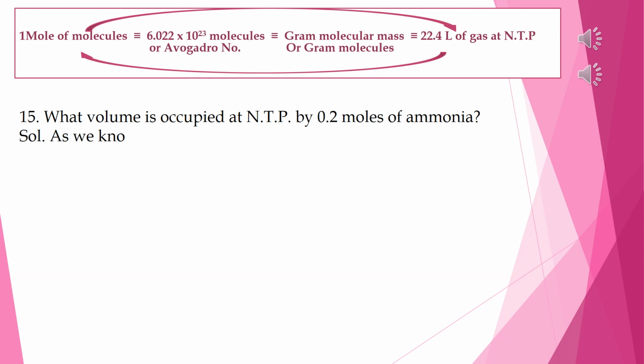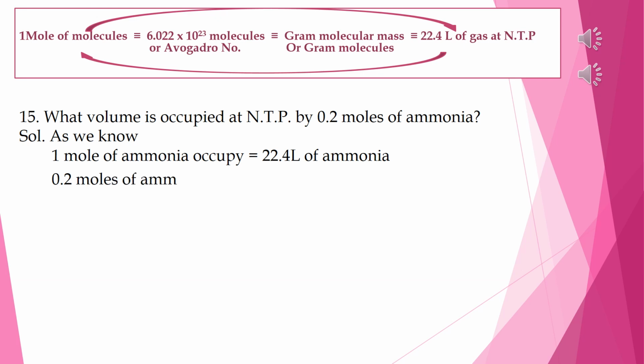As we know, 1 mole of ammonia occupies 22.4 liter of ammonia. So 0.2 moles of ammonia occupies how much volume? 22.4 divided by 1 in numerator multiplied by 0.2 mole. That comes out to be 4.48 liter.